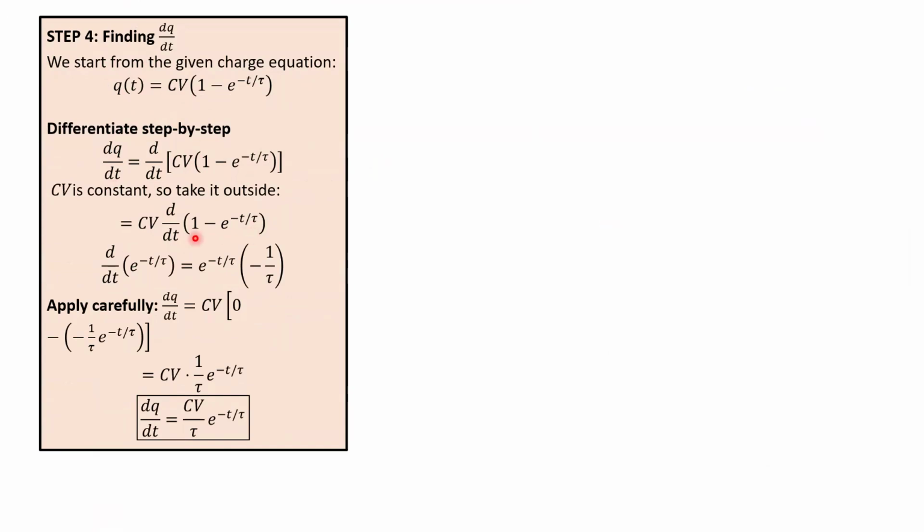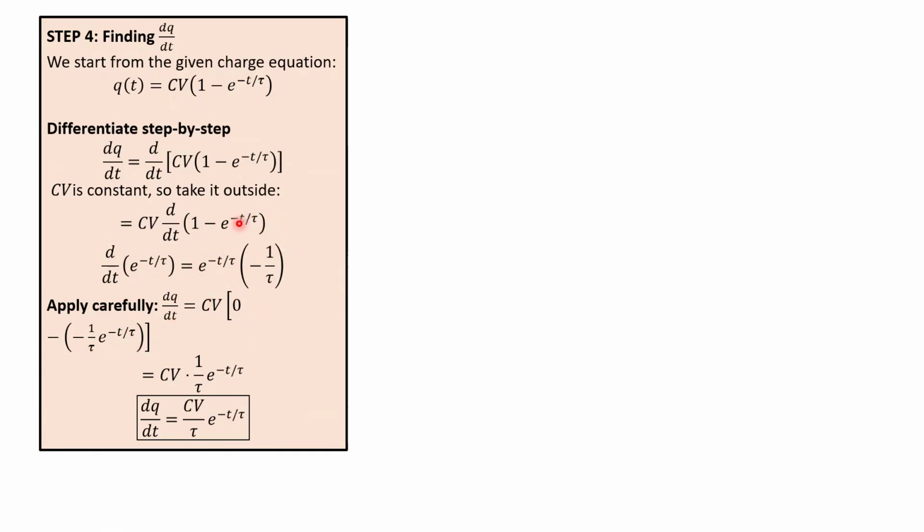Differential of e to the power minus t by tau with respect to t is e to the power minus t by tau into minus 1 by tau. Applying carefully, dq by dt equal to CV. Differential of 1 is 0. Differential of the other term equals minus 1 by tau e to the power minus t by tau. I hope it is clear.